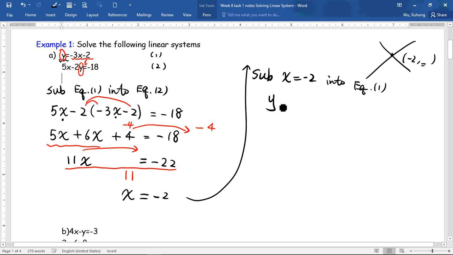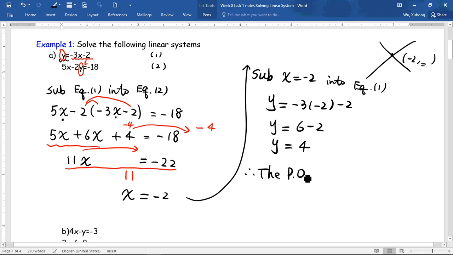So positive 6 minus 2, you have 4. Then you write the statement. Therefore, the point of intersection of the two lines is (-2, 4), x first, y second. So this is your point of intersection.